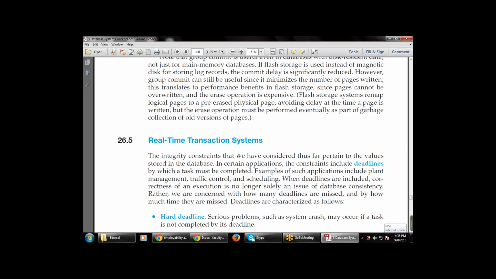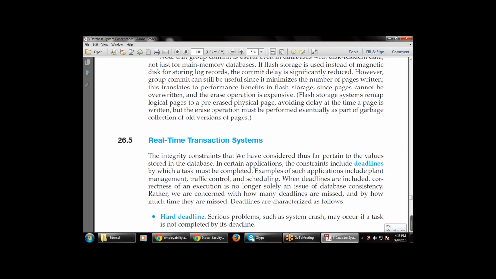In certain applications, the constraints include deadlines by which a task must be completed. That means a deadline is given as a constraint, a date or time limit by which the task must be completed.